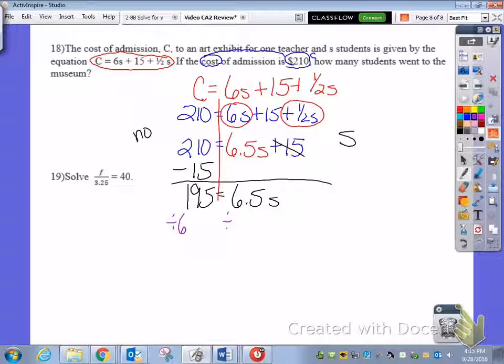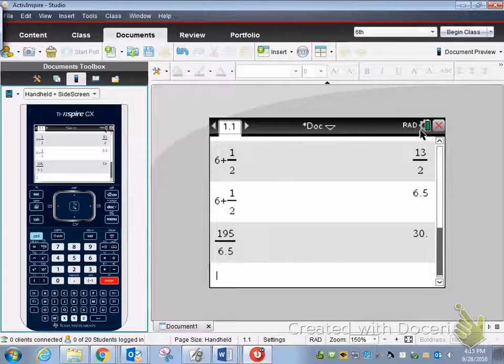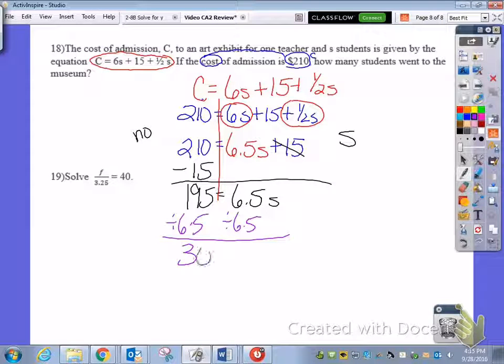So then you're going to divide by 6.5. So you've got, on your calculator, 195 divided by 6.5. And you get 30. So 30 equals S, and that is your answer. So how many students went to the museum? S represents students. So my answer is 30 students went to the museum.